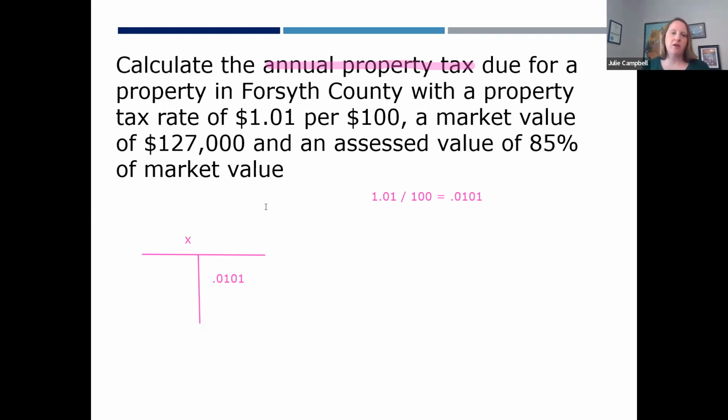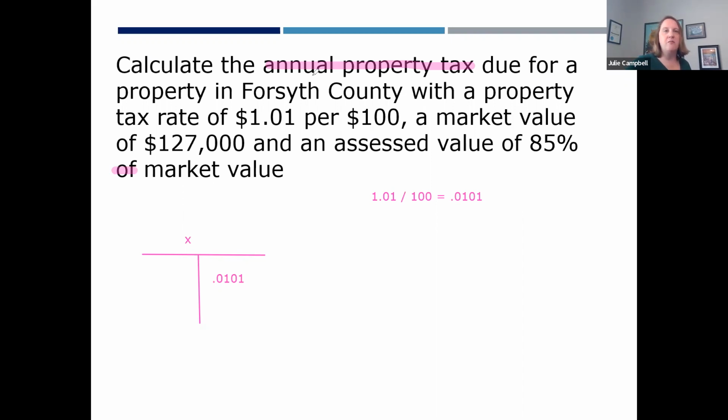And then it tells me the market value of 127,000, and it has an assessed value of 85% of market value. So once again, I have a market value and I have an 85% of market value. What is the problem? What's my formula tell me? I need to find the assessed value. Remember the other day, what did we say the word of in a word problem means?